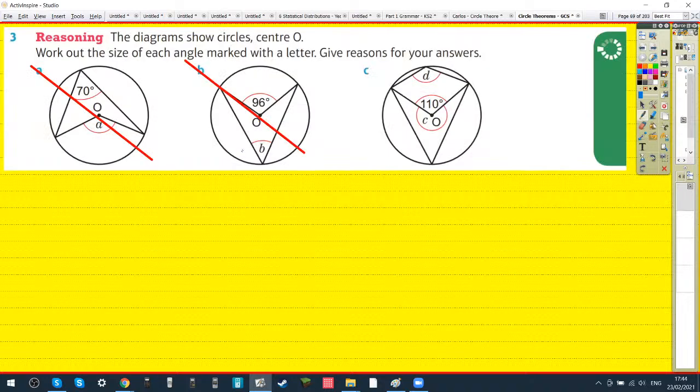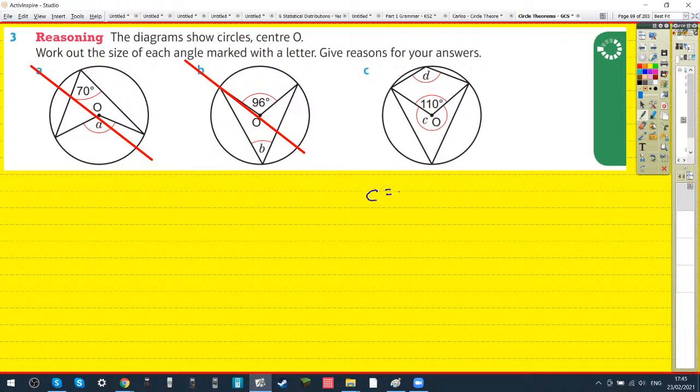Okay, let's try question C. So I have to do C and D. C is 250 degrees.